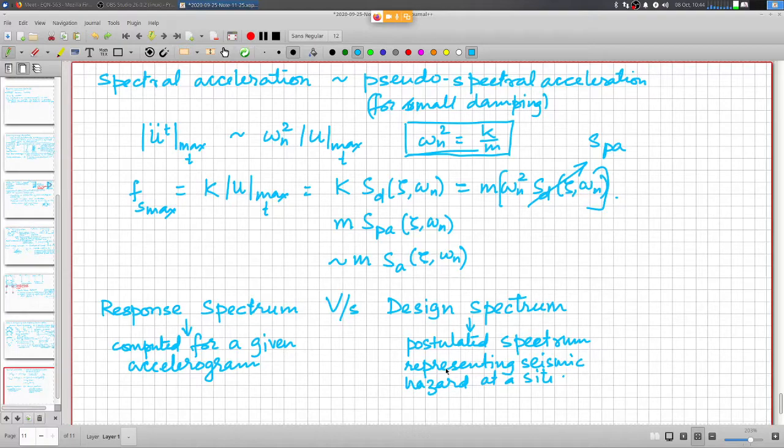So all these different scenarios are taken care of, and then you develop a postulated spectrum which represents the critical condition.